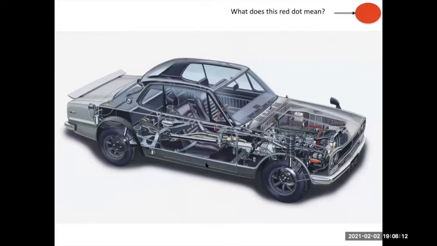So the thing about a car is that it's often much easier to understand a man-made machine or man-made thing than it is a biological machine, right? When you look at a car, you've got the whole body, you've got an engine, you've got wheels and everything like that.